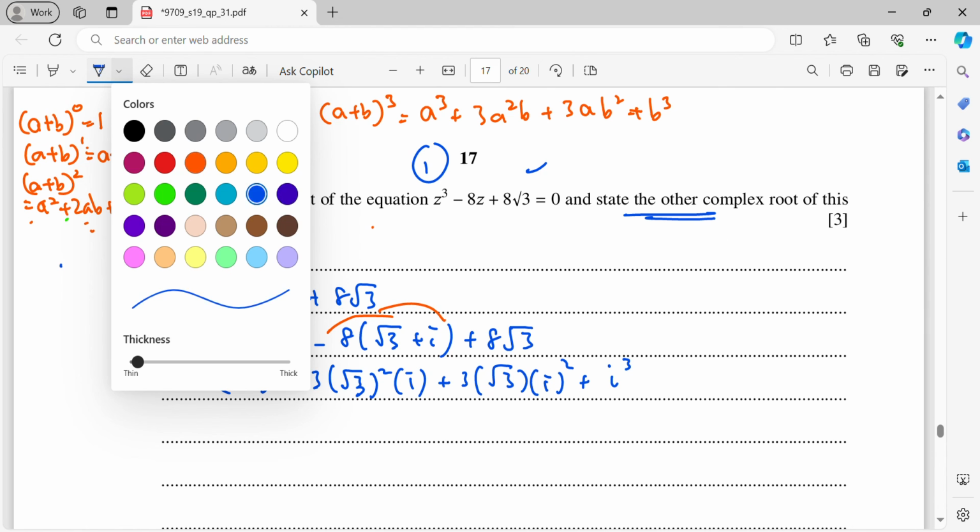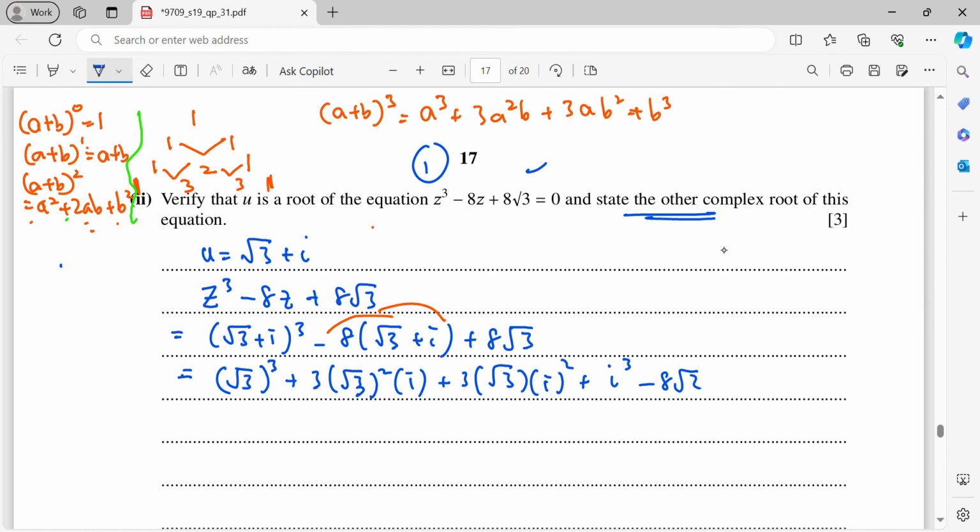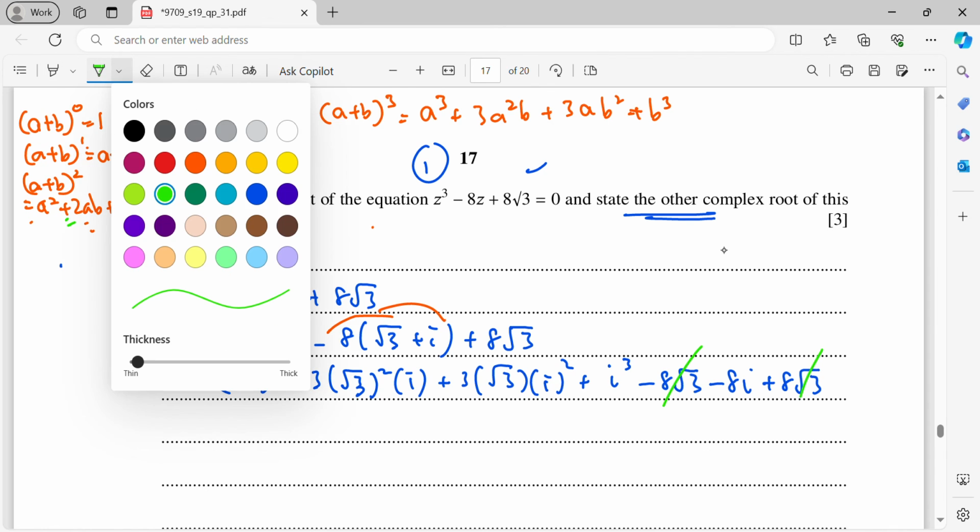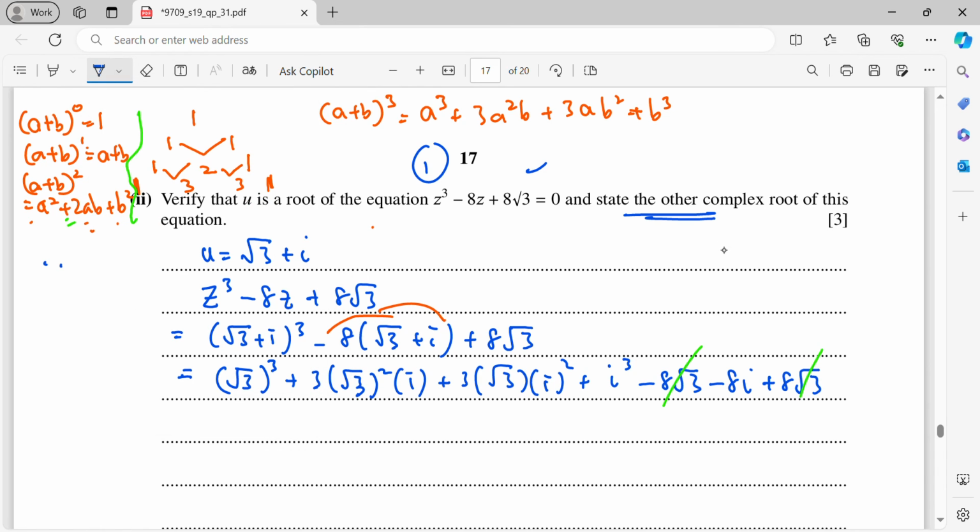You will get minus 8 square root 3, then minus 8i plus 8 square root 3. Then from here, the minus 8 square root 3 and plus 8 square root 3 will be 0. Okay, then for the first one, the cube of root 3 is the same as 3 root 3. And then 3 times root 3 squared, this is 9.